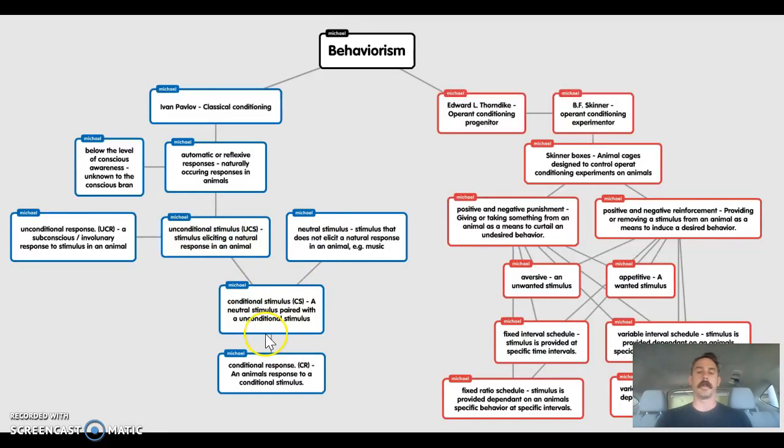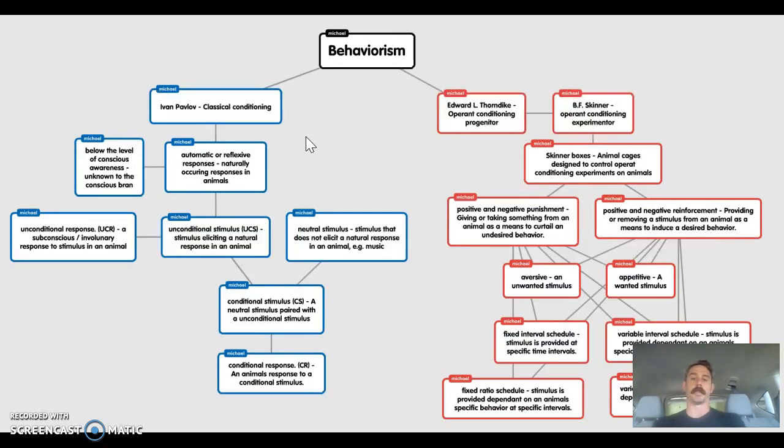A conditional stimulus is basically what you get when you combine an unconditional and a neutral stimulus. A neutral stimulus just being anything that doesn't elicit an automatic or reflexive response. And this is in Pavlov's experiment, when you combine the meat with the ringing of a bell.